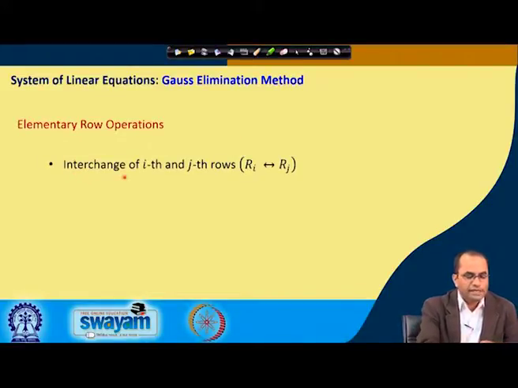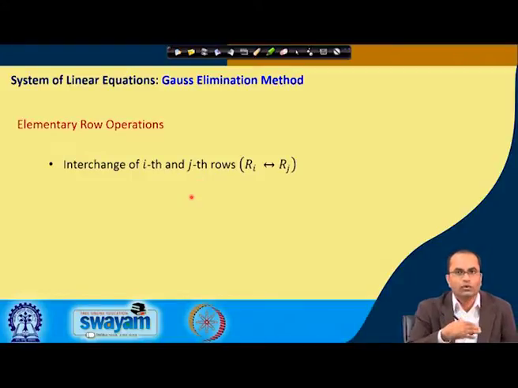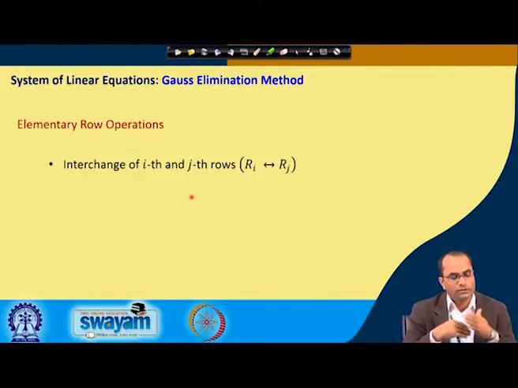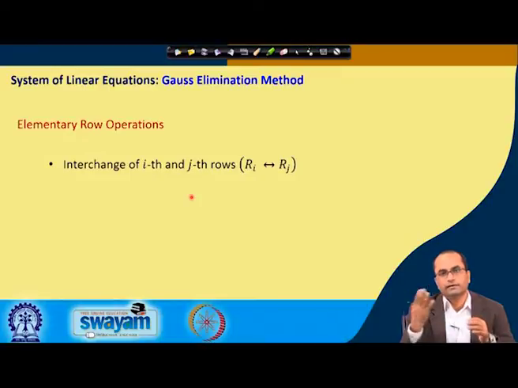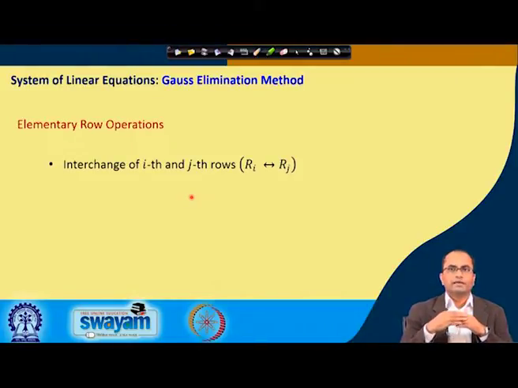We can interchange the ith and the jth row of a matrix. Going back to the system of equations, because for the system of equations we are writing the matrix A, changing this row is nothing but writing the second equation, for example, at the first place and the first equation at the second place.